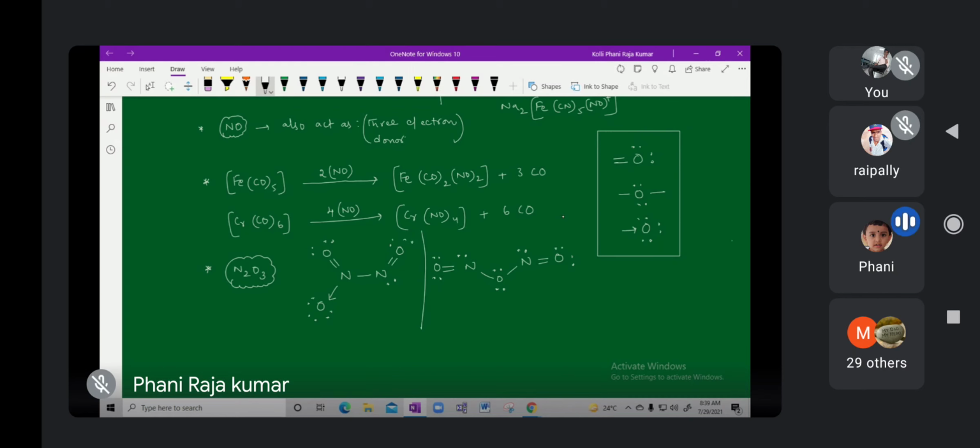So in both structures, overall in one molecule we have 8 lone pairs of electrons. The second one is called the symmetrical structure, and the first one is called the unsymmetrical structure.